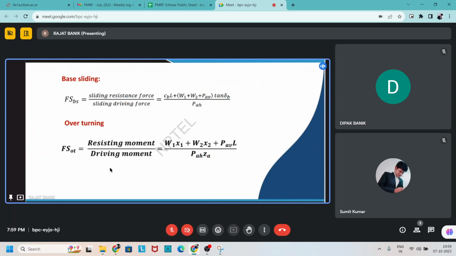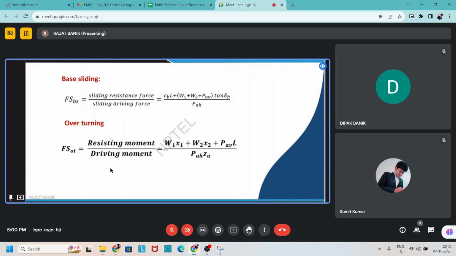To find the sliding resistance force: C_v L plus W1 plus W2 plus P_AV tan delta, where C_v is the cohesion, L is the length of the failure surface, W1 and W2 are the weights, P_AV is the vertical component of the active pressure, and delta is the internal friction between the wall and soil.